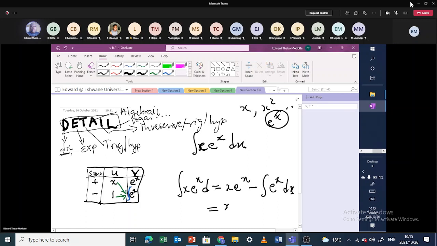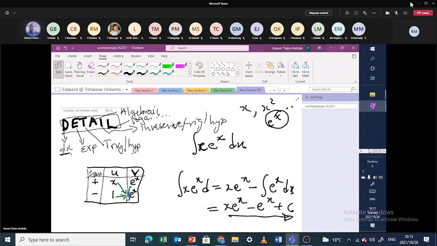So we have x e to the power x minus e to the power x plus c. This is the solution. You stop. Okay, then we are done. That's the solution using this TUT method.